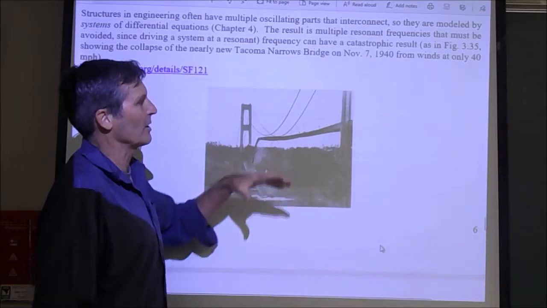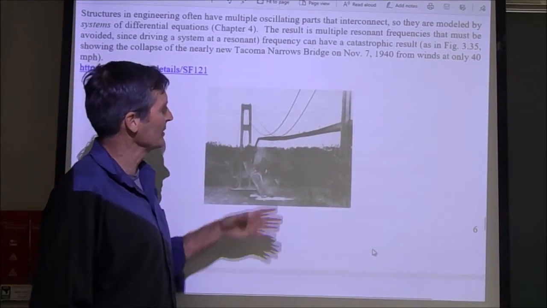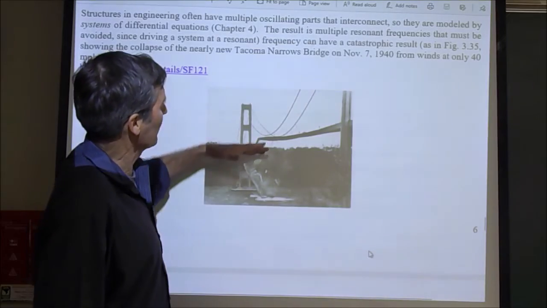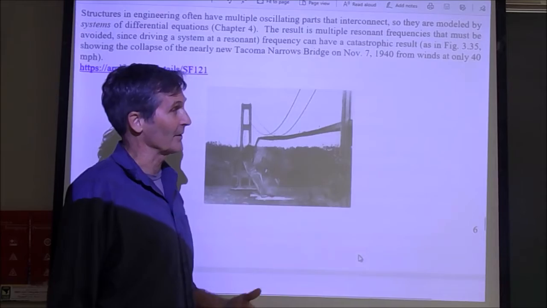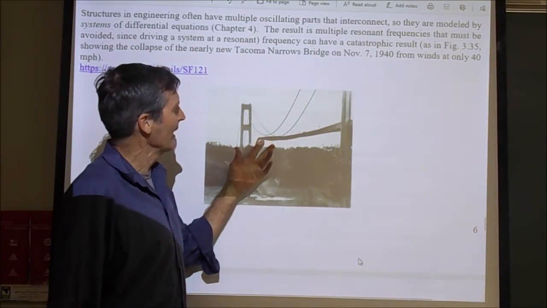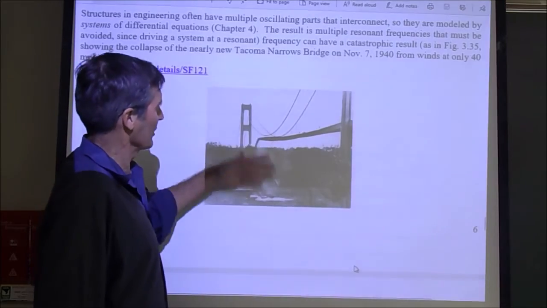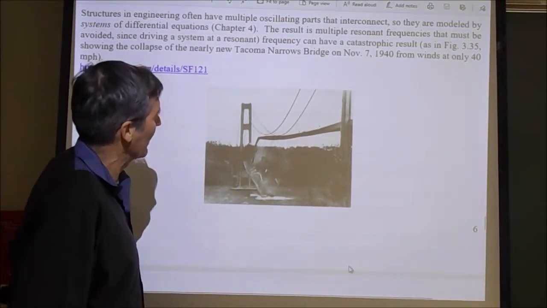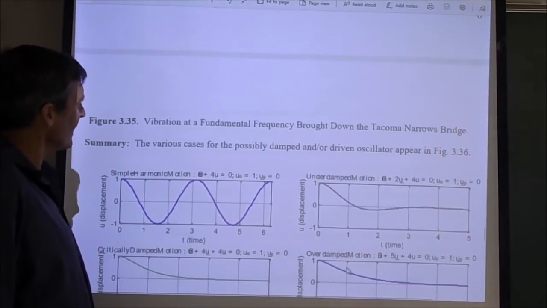And so the bridge started building up bigger and bigger oscillations in relatively common winds, and it built up huge vibrations. You have to see it to believe it, that this had actually happened in a bridge. And eventually it fell down under the stress of wobbling up and down. So that's the Tacoma Narrows Bridge, an application.